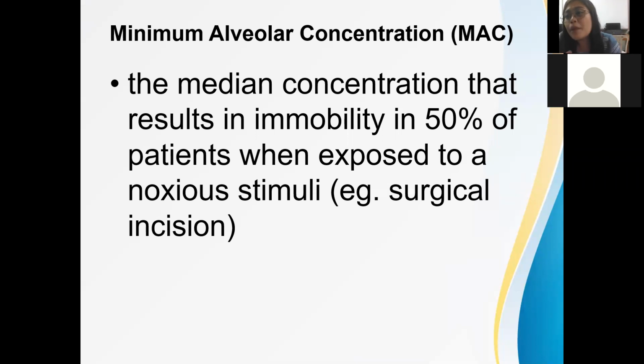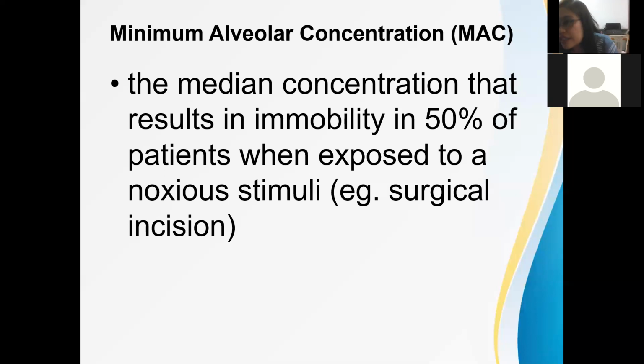Actually, it refers to the potency. Remember, the meaning of potency, class, is the dose at which 50% of the effect is achieved. The minimum alveolar concentration is the concentration of our general anesthetic that will give the intended effect of the anesthetic to 50% of our patients.